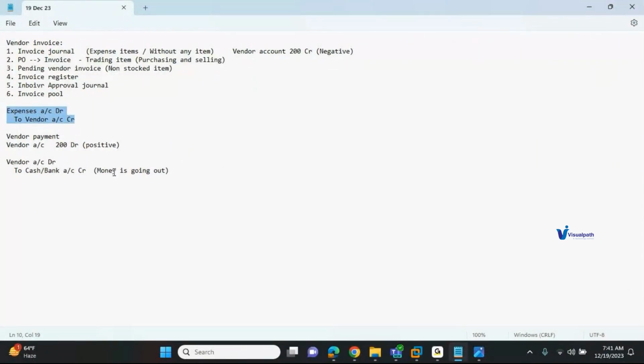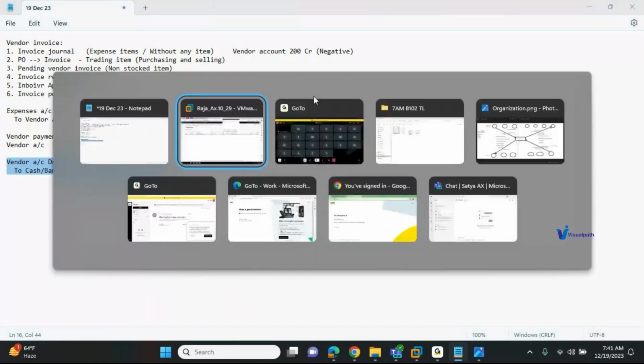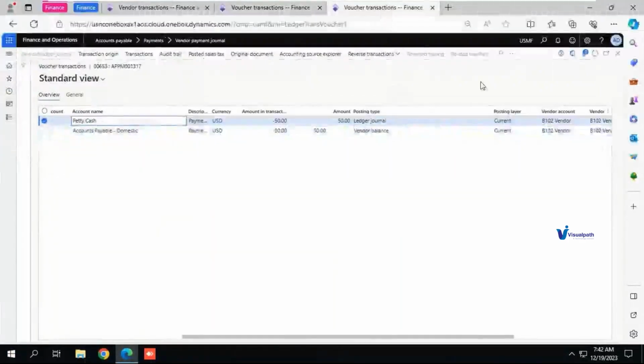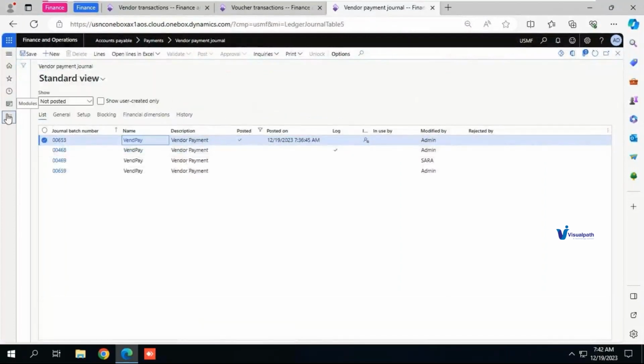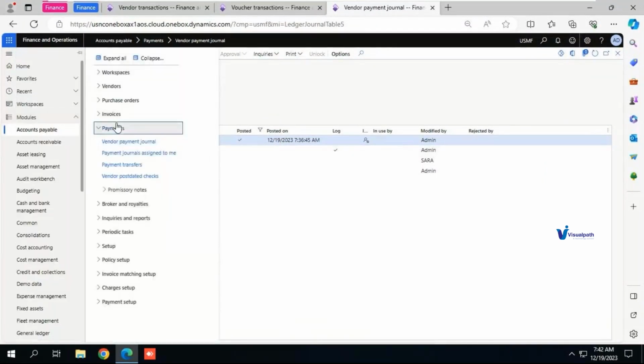Next, vendor payment. Vendor payment means vendor account debit to cash or bank account. Let me show you vendor payment. It is in the accounts payable module, payments, vendor payment journal.